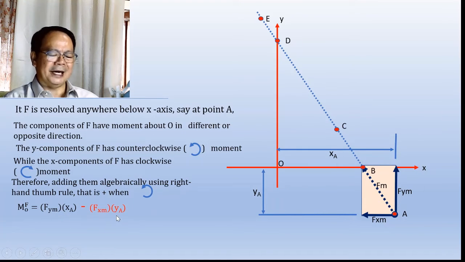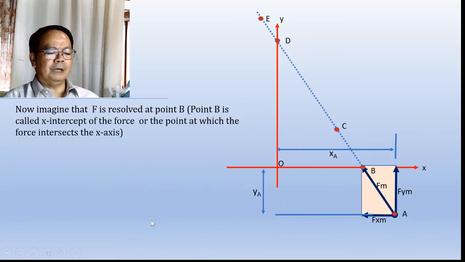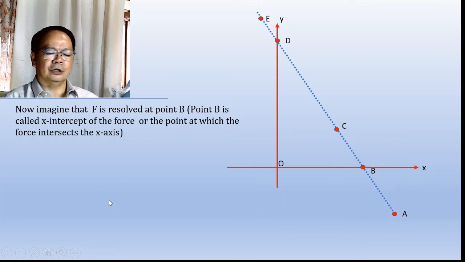Now, let us try to resolve this force at point B, where B is called the x-intercept of the force, or the point at which the force will cross the x-axis. Let us show that it is resolved at that point.